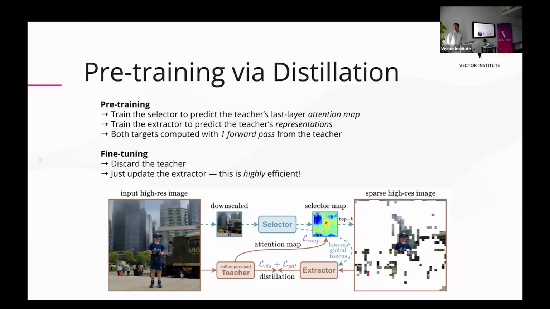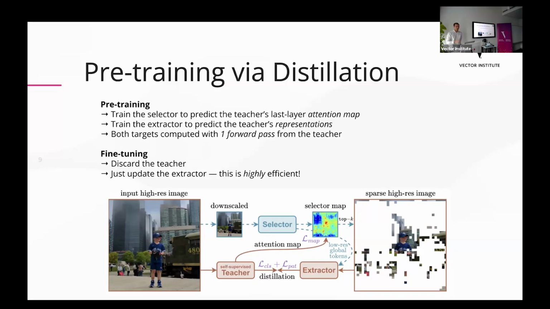Like ImageNet, you can get away with very few patches, also because you can do well with low resolution images. I skipped this because it was maybe a bit too much detail, but the selector also gives its CLS token to the extractor. And so if it can do a good job on the low res image, then the selector does a good job, and it just needs a few high res patches.